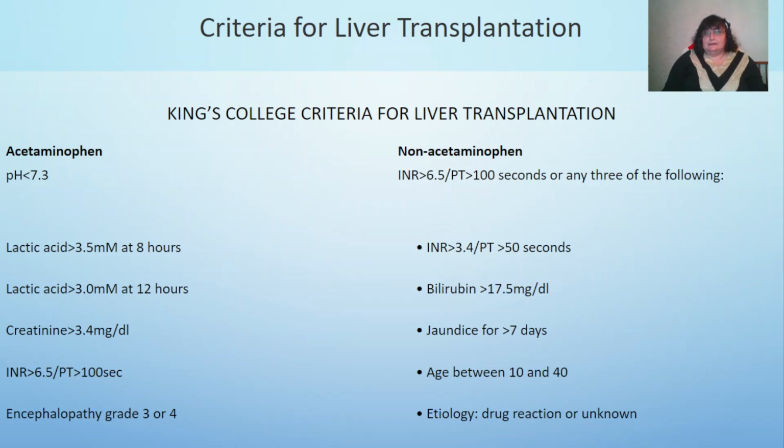Acetaminophen: lactic acid more than 3.5 millimole at 8 hours. Non-acetaminophen: INR more than 3.4, PT more than 50 seconds. Also creatinine, INR, and encephalopathy. And criteria: bilirubin, jaundice, age between 10 and 40, etiology, drug reaction, unknown for non-acetaminophen.